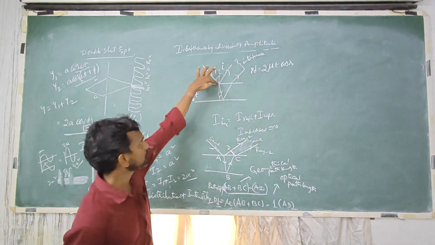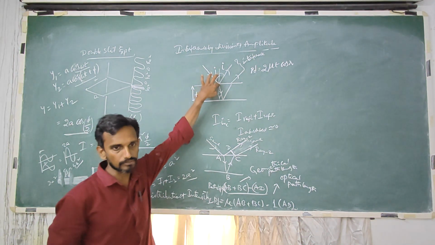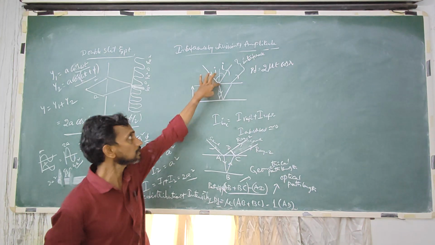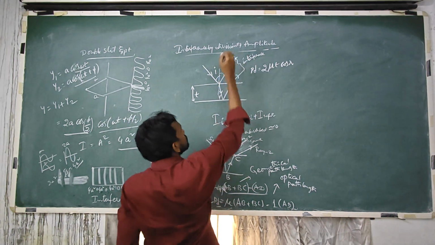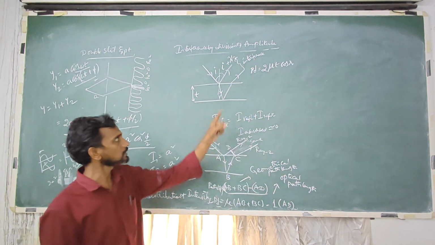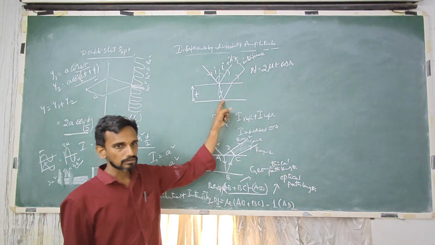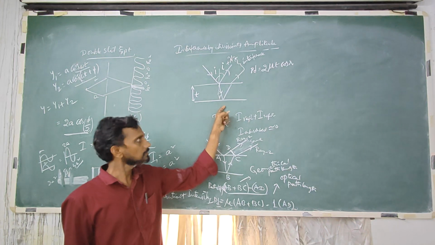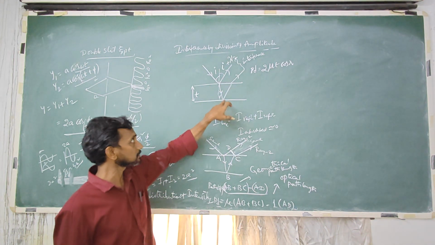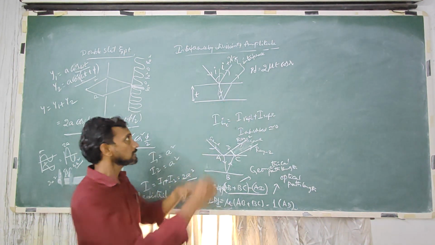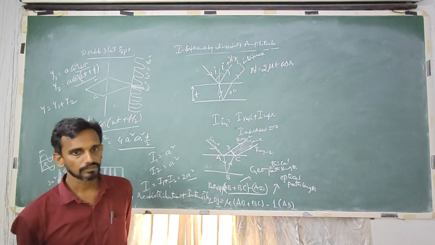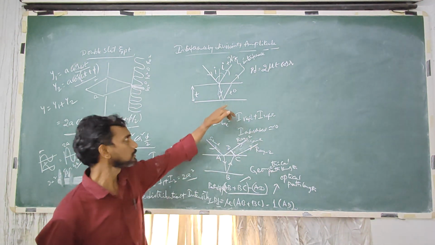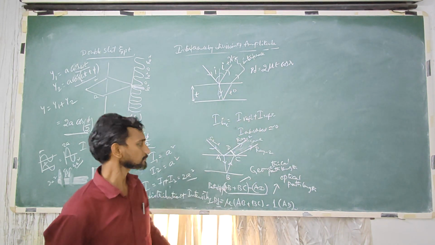Here this reflection is taking place on a denser medium, right? So there is an additional path difference of lambda by 2. Here the other end is air. Let's say this is a glass plate, this is air. The other end is a rarer medium, so the additional path difference is 0.